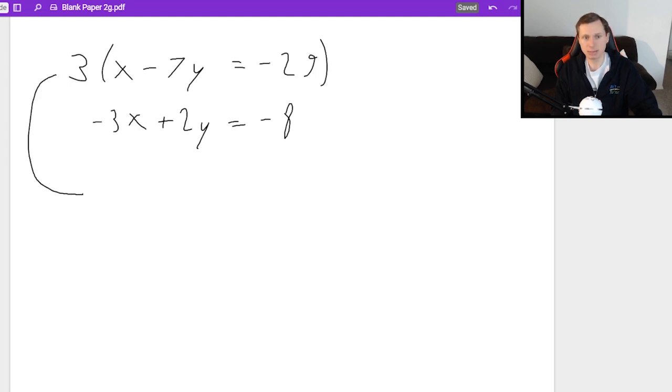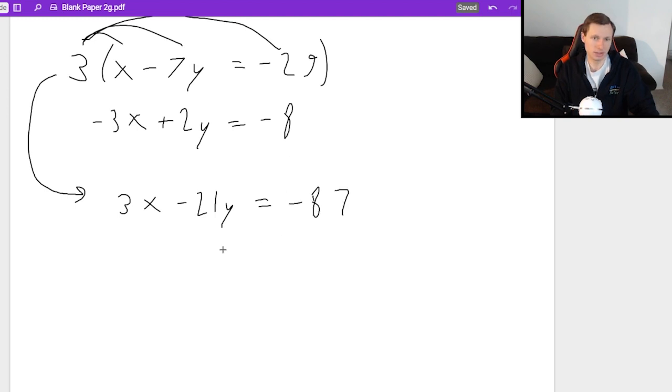So what I'm saying is, let me rewrite the equation right here. I'm distributing 3 to everything. So that's going to give me 3x minus 21y equals 3 times 29. That's 60 plus 27, negative 87. And if you can't do that in your head, you can either use your calculator or write it out the long way, like this. But once you get here, then you just rewrite the second equation directly below it.